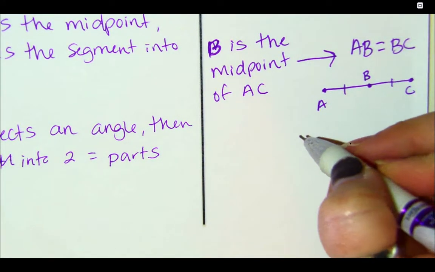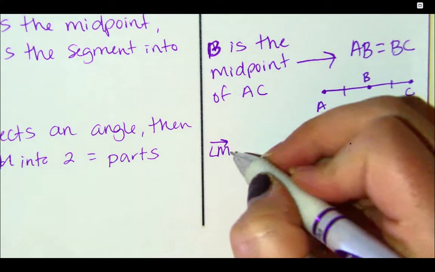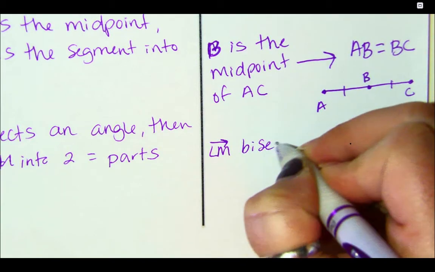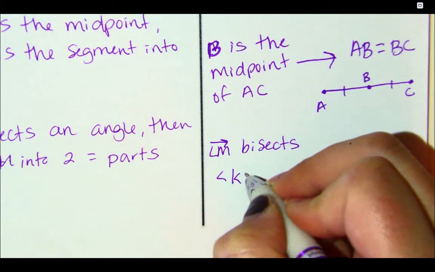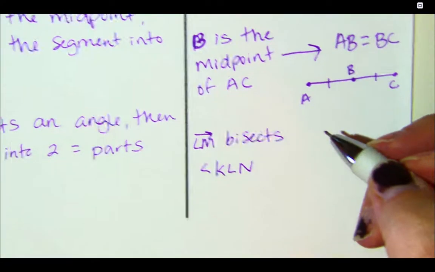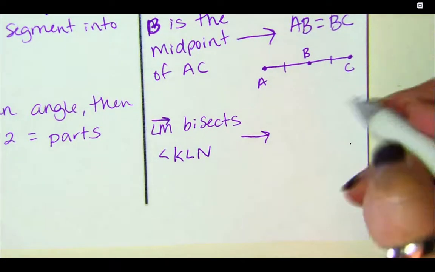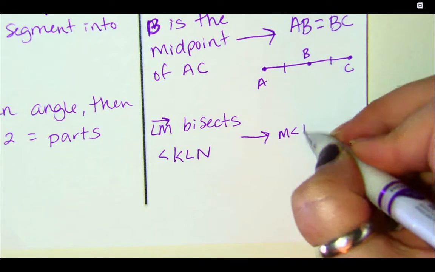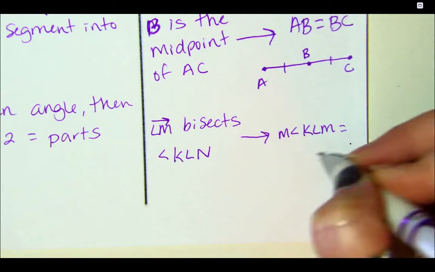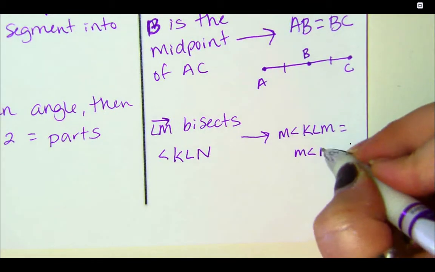So, for example, ray LM bisects angle KLN. If that's true, then the measure of angle KLM equals the measure of angle NLM.